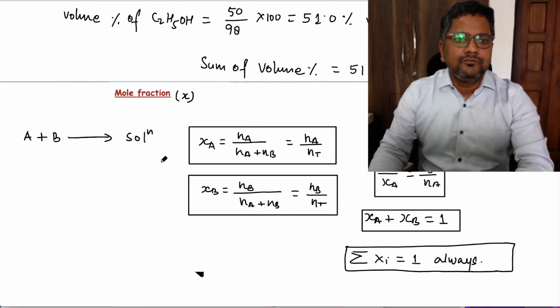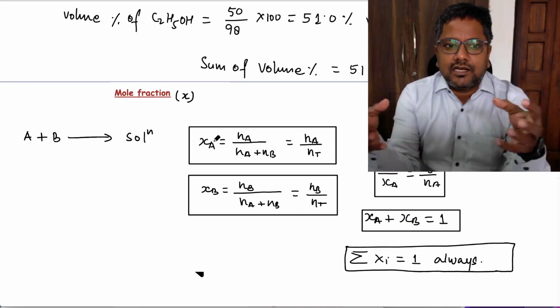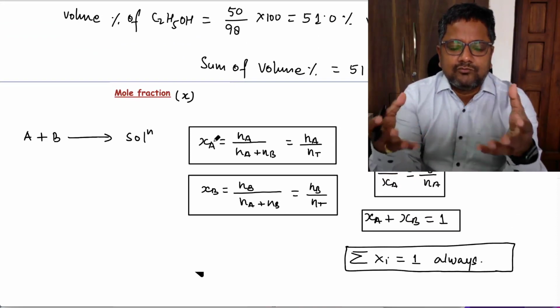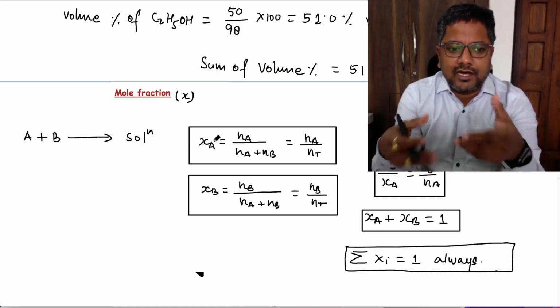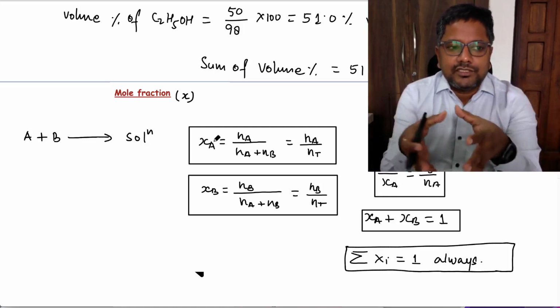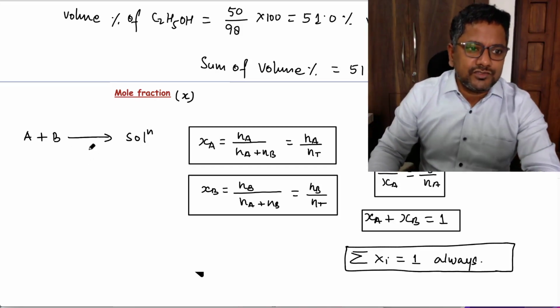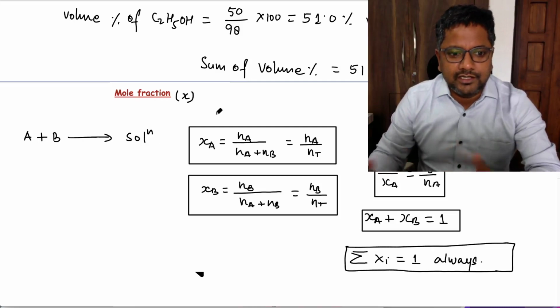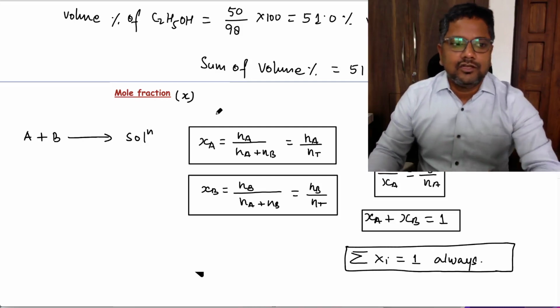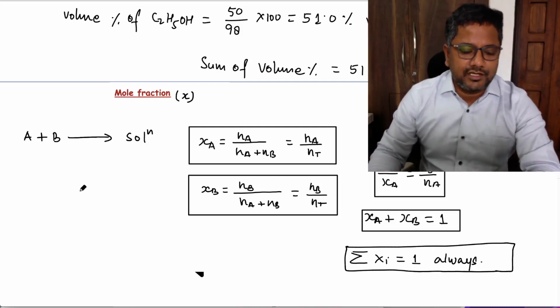Right? Because in a mixture there is no chance that moles will decrease or increase after the mixing, because this is not a chemical reaction. So one condition should be there, that in any kind of mixture, no chemical reaction is considered here, right?